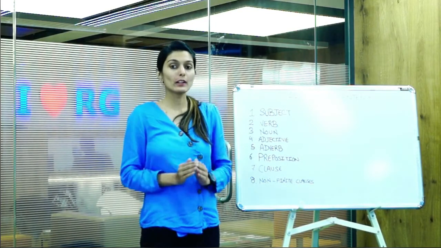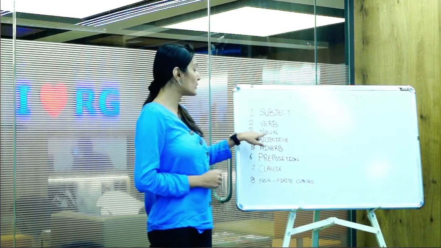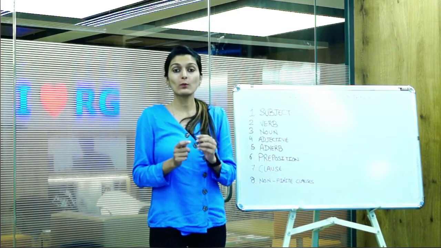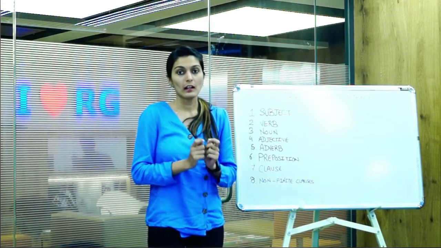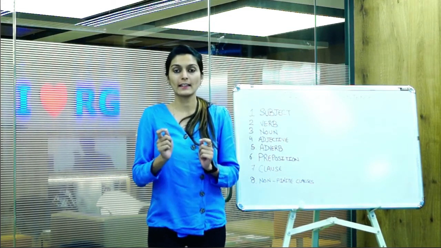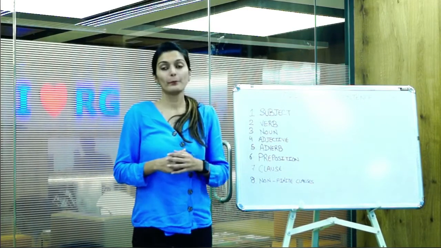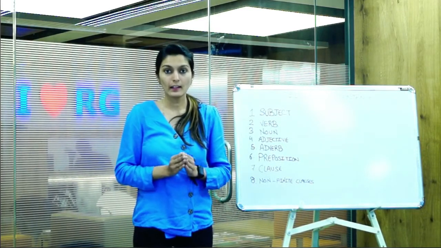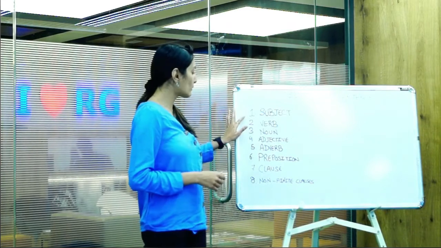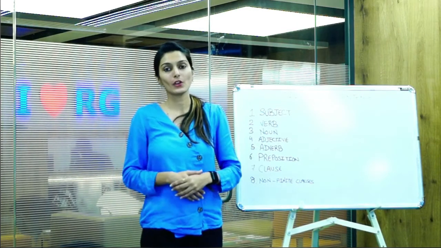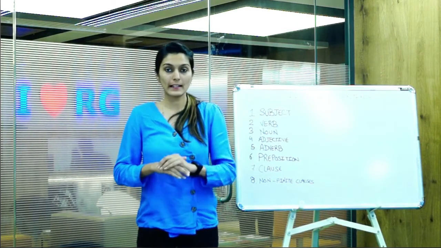Hence, whenever you come, I'll brief you about how to use a noun, because there are certain words where the difference between S and Z changes the meaning. One becomes a noun, one becomes a verb. Hence, whenever you come, I'll brief you about each and everything and the correct use of this part of a sentence.